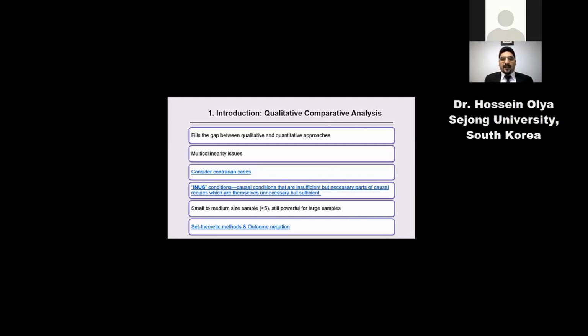Apart from this, this method does not consider many of the strict assumptions that we need to satisfy in conventional research like SEM, regression analysis, and correlation analysis. For example, in qualitative comparative analysis, we don't have too much stress about multicollinearity issues.